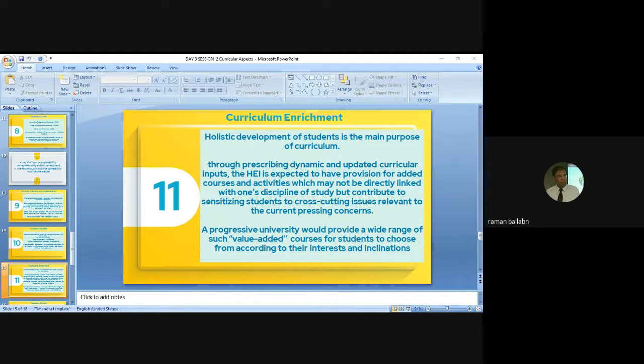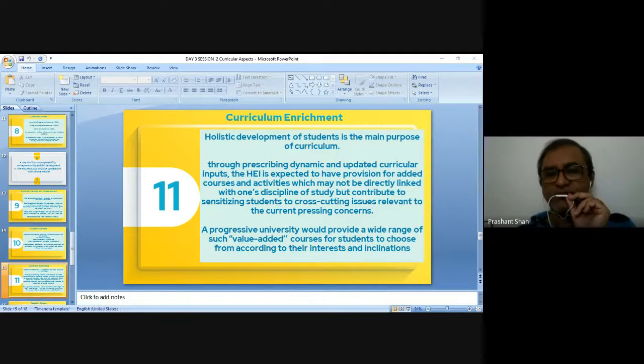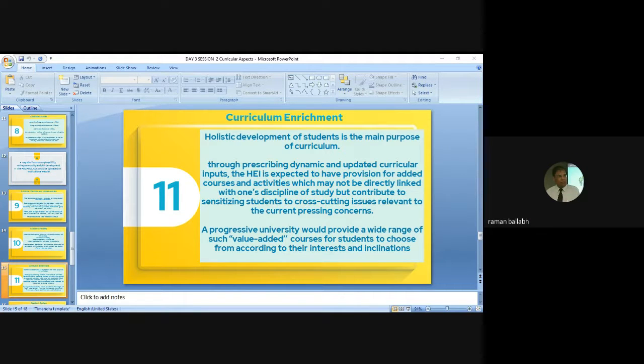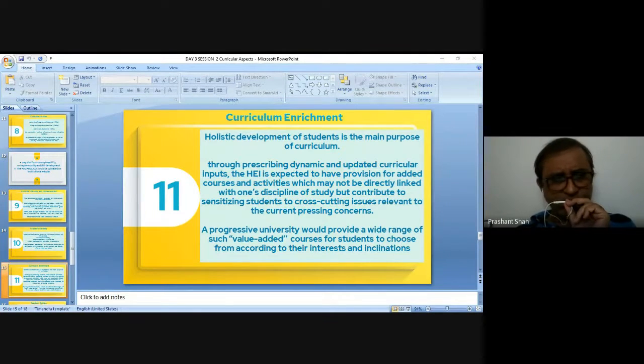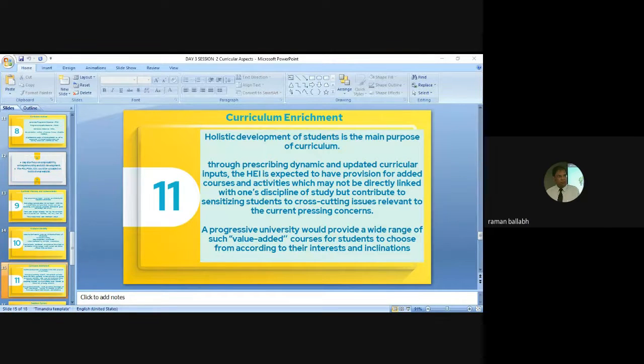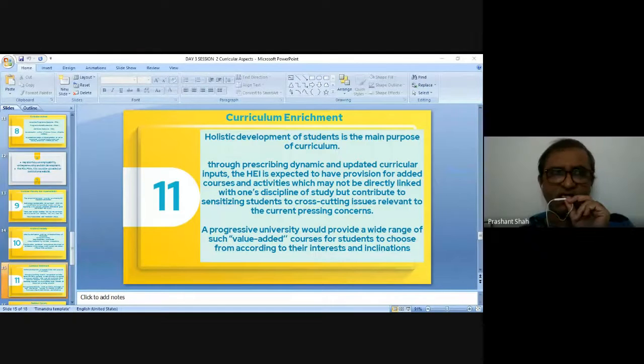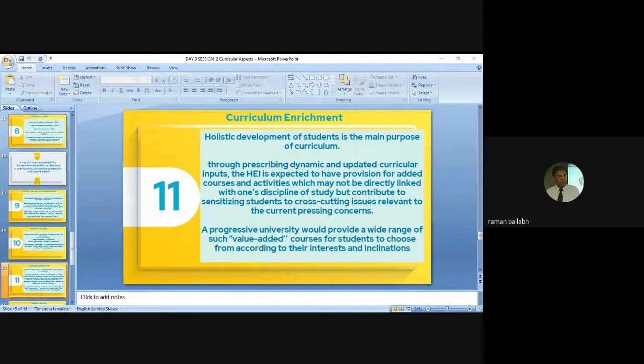I'm highlighting another aspect to you. Statistics can be utilized by students of mathematics honors, economics, commerce, IT, chemistry, biotechnology. Everywhere it can be used.